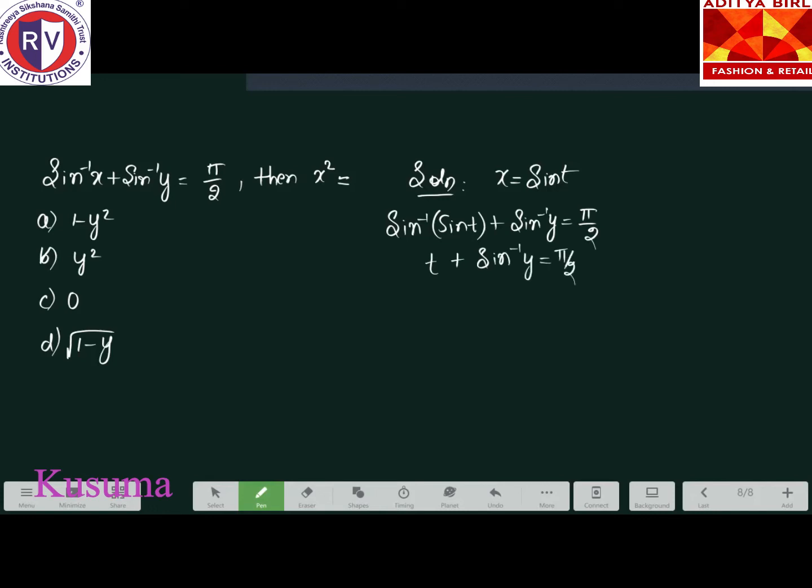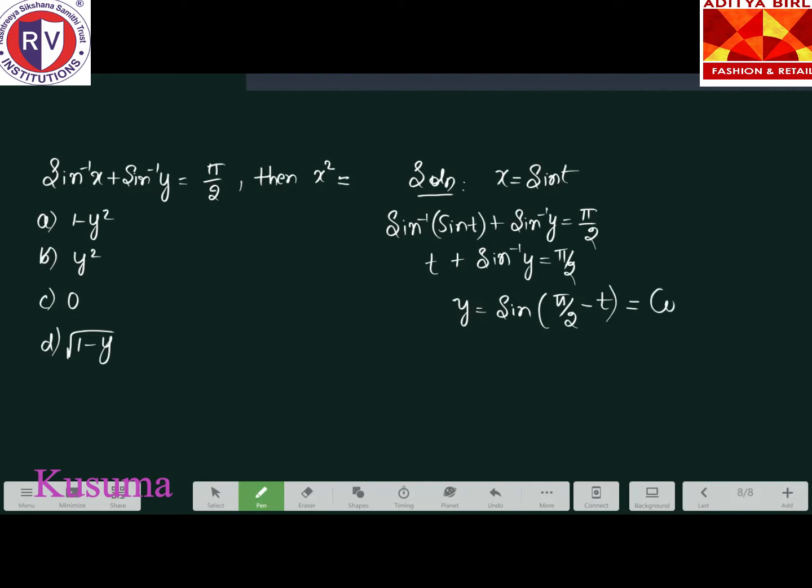Or sine inverse y will be equal to pi by 2 minus t, or y is equal to sine of pi by 2 minus t. What is y? Sine of pi by 2 minus t. We know what is sine of pi by 2 minus t? Cos t.